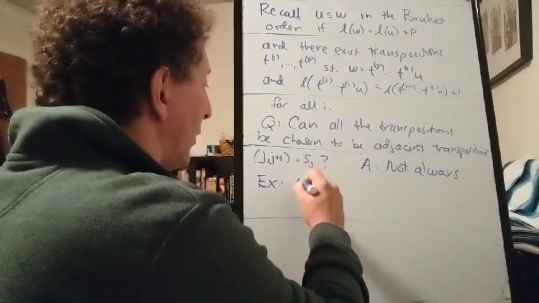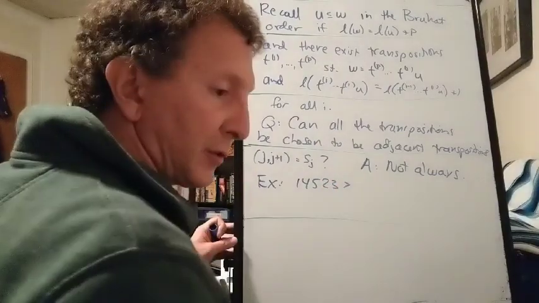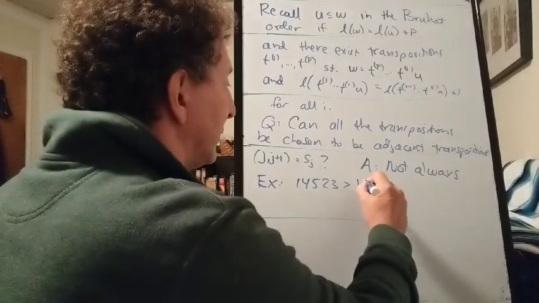So 1, 4, 5, 2, 3 is greater than 1, 2, 5, 4, 3.